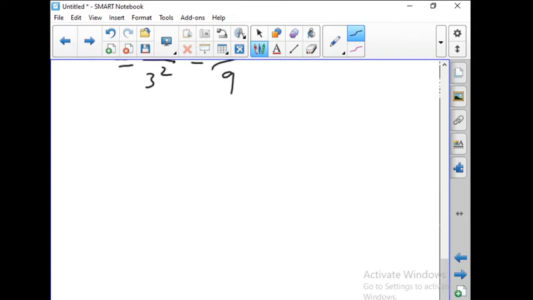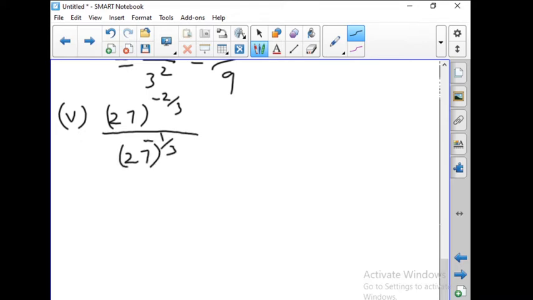Then coming to the next one, fifth subdivision, 27 power minus 2 by 3 divided by 27 power minus 1 by 3. So, what is 27? 27 can be written as 3 cube.